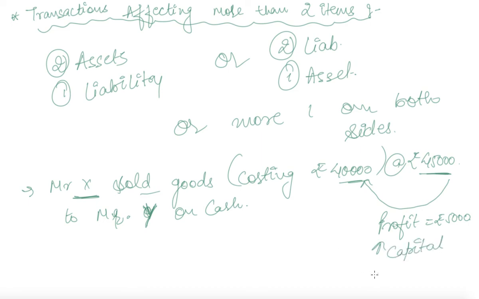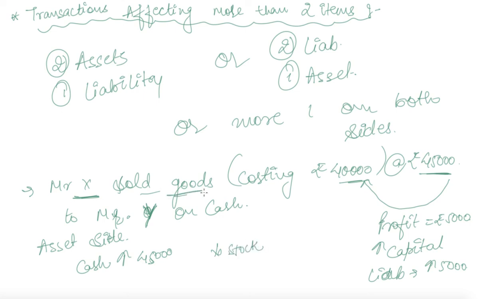So on the liability side, there will be an increase of 5,000 in the capital, and on the asset side, the cash will be increased by 45,000 with a decrease in stock as goods are sold.